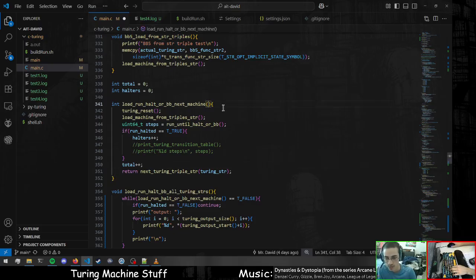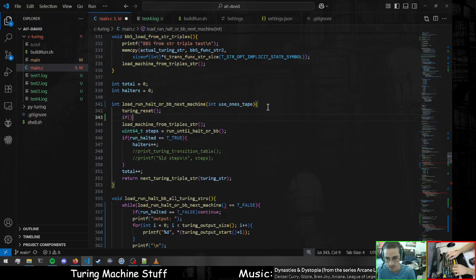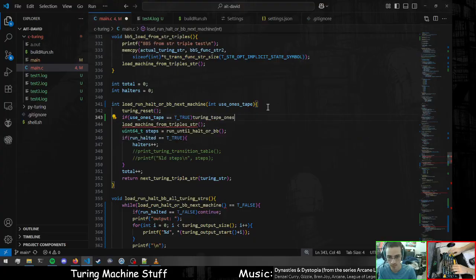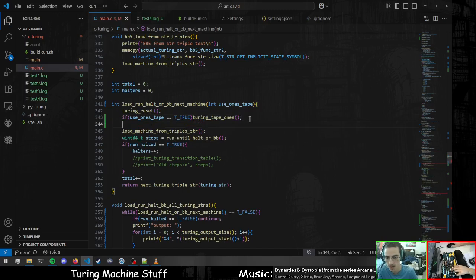Maybe I could put a boolean here. Alright, I could say use ones tape, right? And I'll say here if use ones tape equals true, then we're gonna call turn tape ones, and that will fill the tape with ones, and everything else will happen exactly how it normally happens.